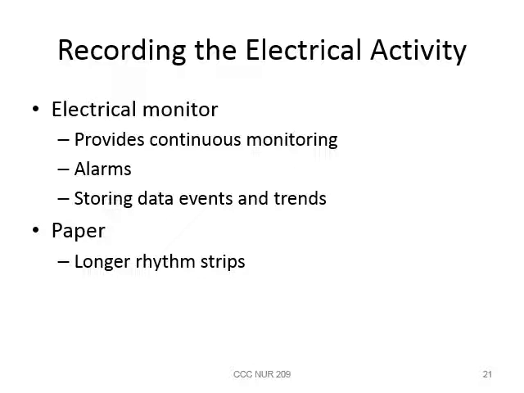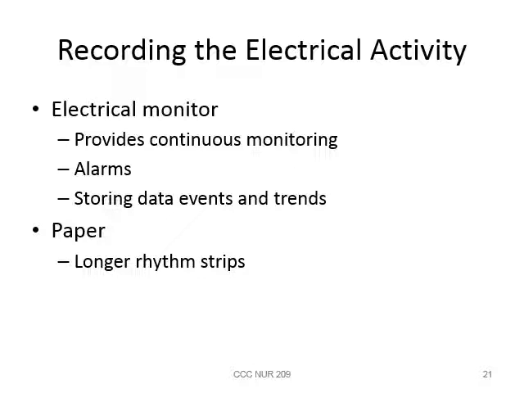We can see how many of those unusual beats they're having and what type of dysrhythmias they're having. We can set alarms for rates, and also we can store data and track trends. So it's very, very important, as you look at these newer systems, they store the data and they actually will track trends.